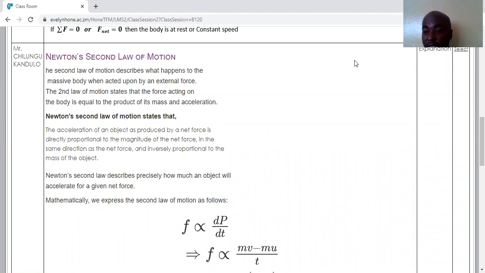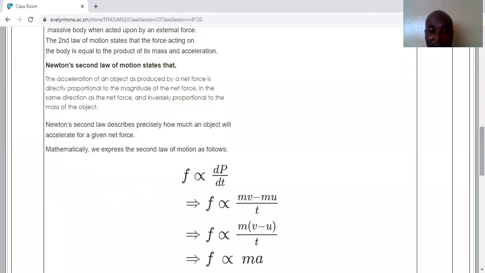This derivation also comes from the statement that says net force F net is directly proportional to the rate of change of a body's momentum.